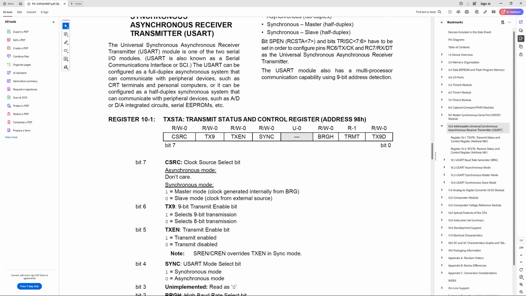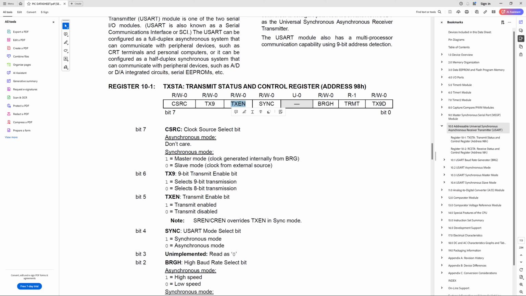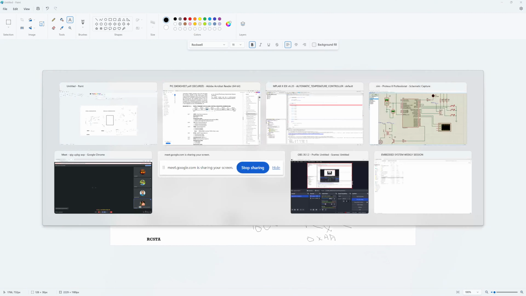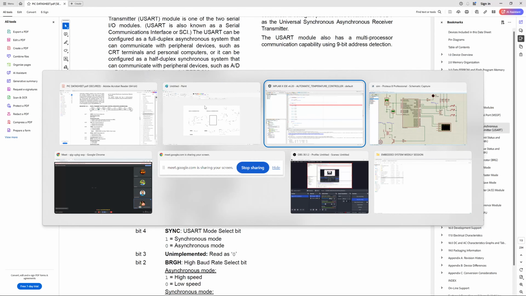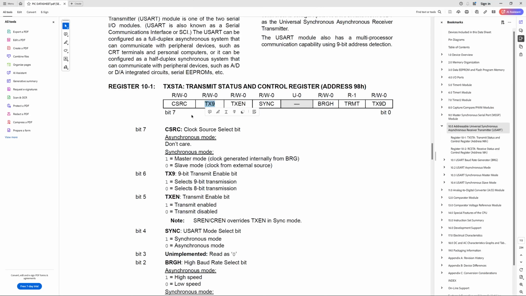So TXEN is enabled; the fifth bit position we need to enable. And for the sixth bit position, 0 means 8-bit transmission is selected, and 1 means 9-bit transmission. Our transmission is 8-bit, so we need to keep 0 over there. So the TX9 flag we set to 0. Now CSRC, the clock source select bit.